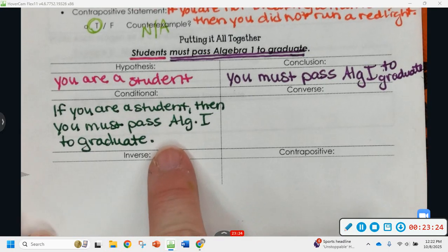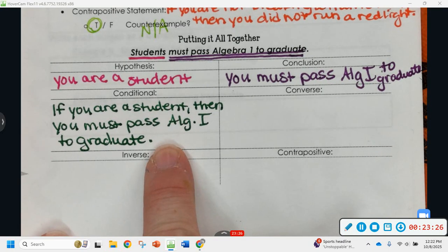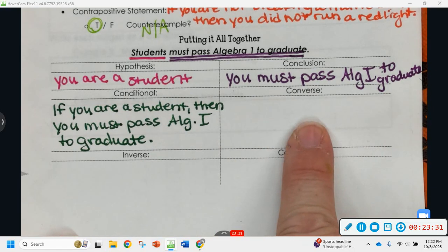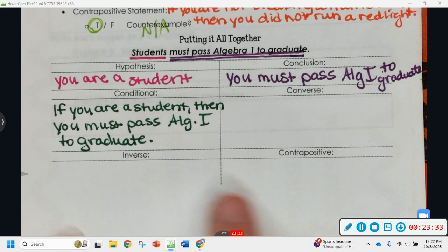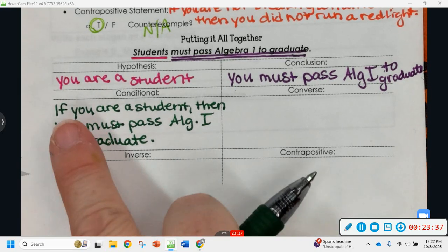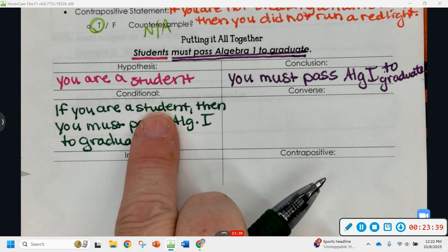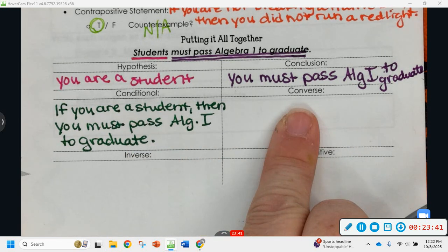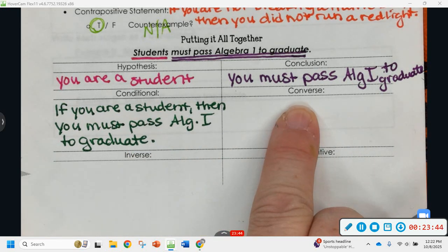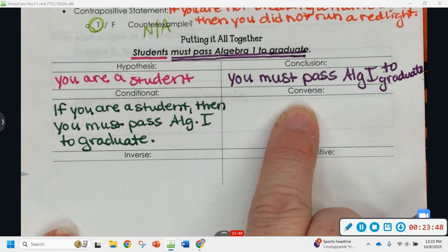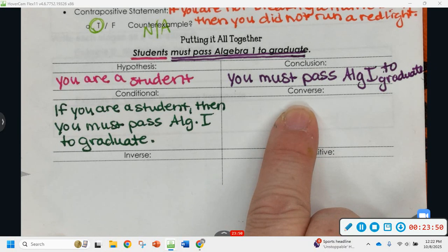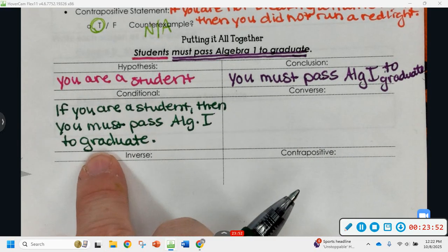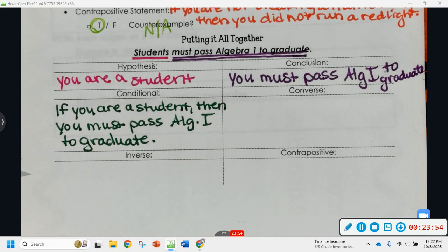Once I pick my conditional, how I choose to form that sentence, you must stay consistent for the converse, inverse, and contrapositive. And what I mean by that is if you are a student, I wouldn't want to change the converse to if he is a student, if she, if they, or if there are students. We want to stay consistent with the original statement.